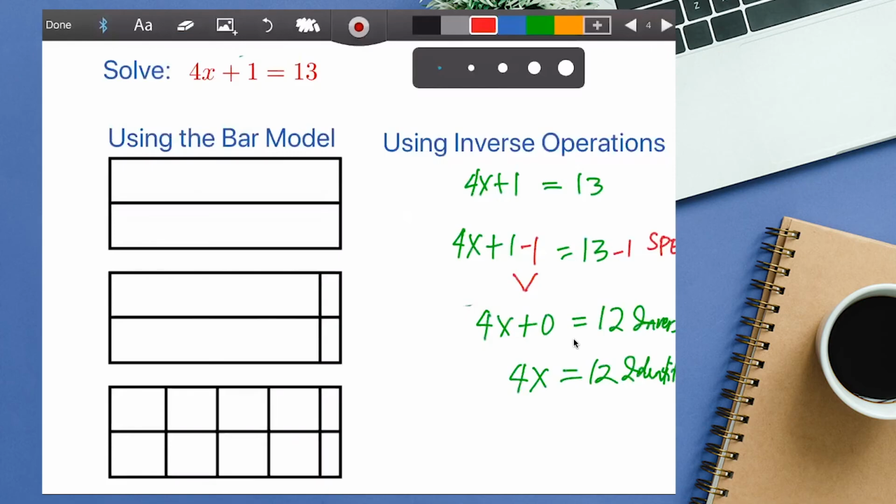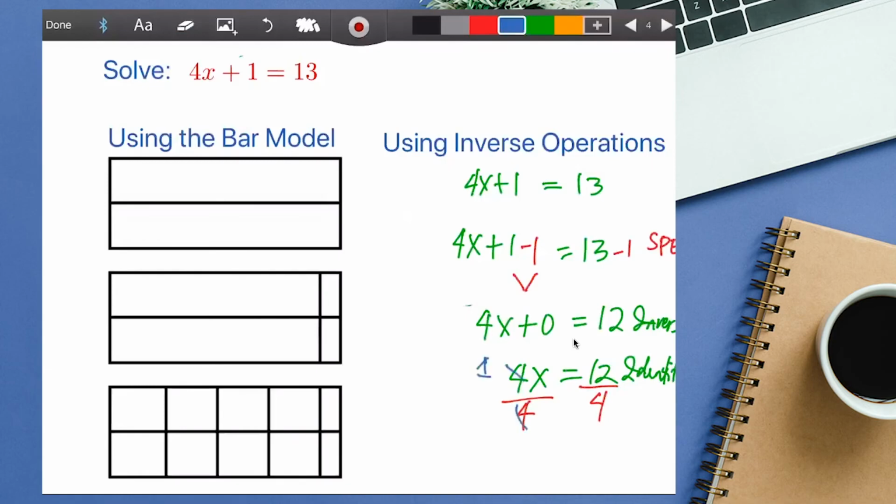inverse operations. So the inverse of multiplying by 4 is dividing by 4, and this gives us 4 divided by 4, which means 4 times its multiplicative inverse, and this will give us 1. So we will now have 1 times x is equal to 3.